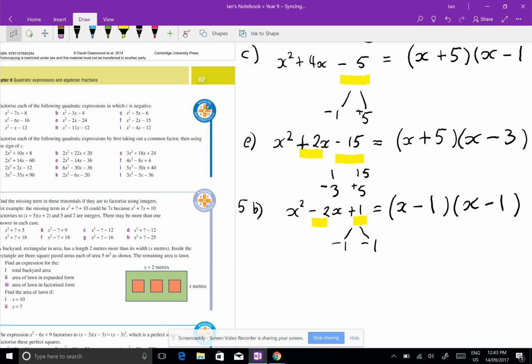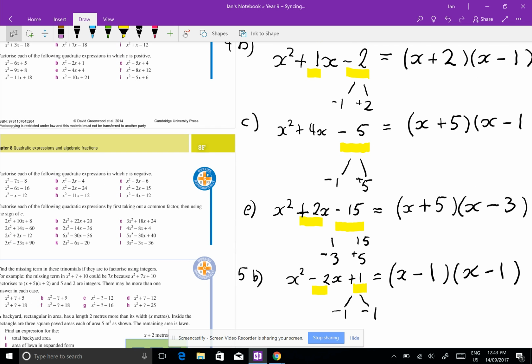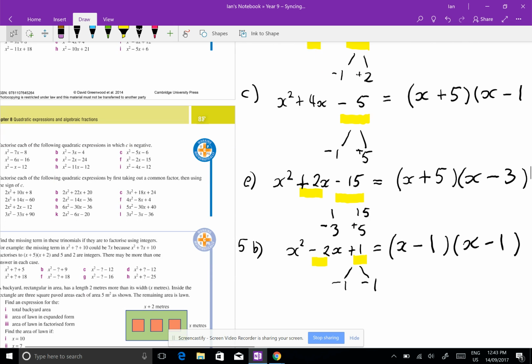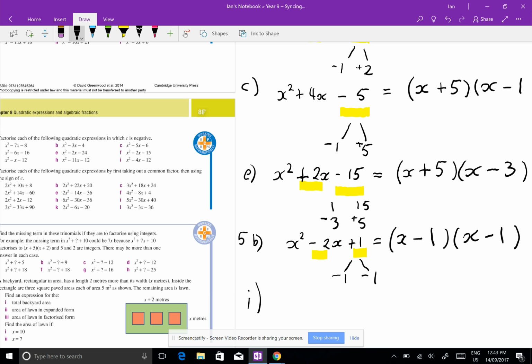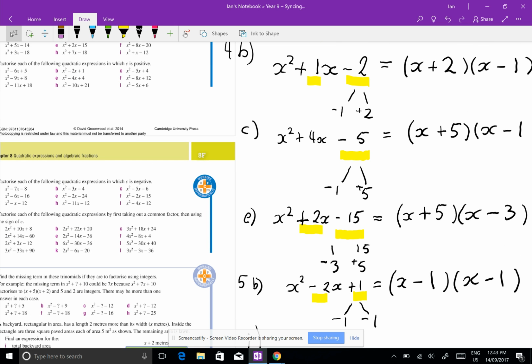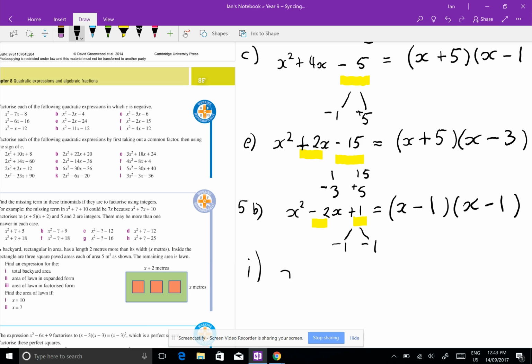Let's have a go at 5. I'll do 5i for you. X squared minus 5x plus 6. Same thing. It's going to be x minus, because I've got to have a positive product and a negative sum.